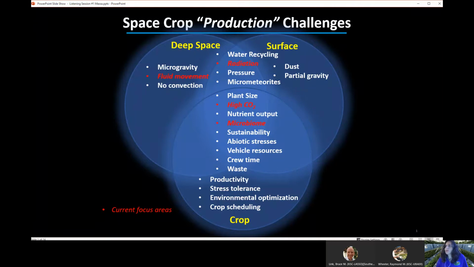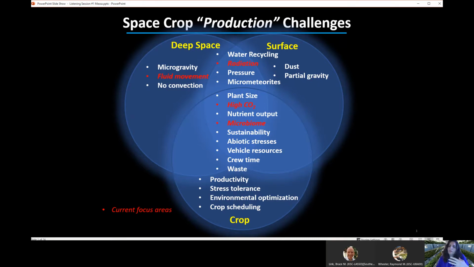So I'm going to talk a little bit about the specific challenges we're thinking of for crop production in space. And so when we look at characterizing these, we can characterize them by where they are. So we can think of some specifically for deep space, things like microgravity, and how fluids behave so strangely in microgravity, with the lack of the convection that Ray was just talking about.